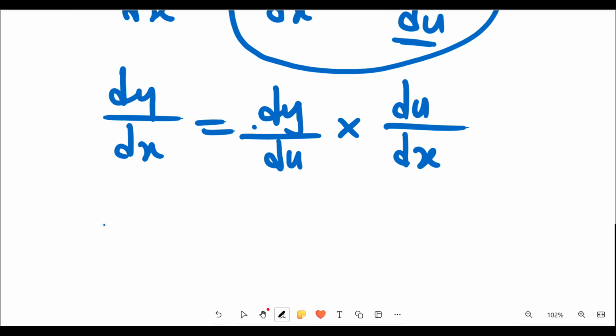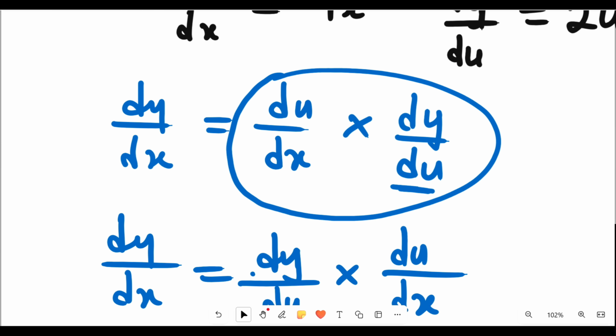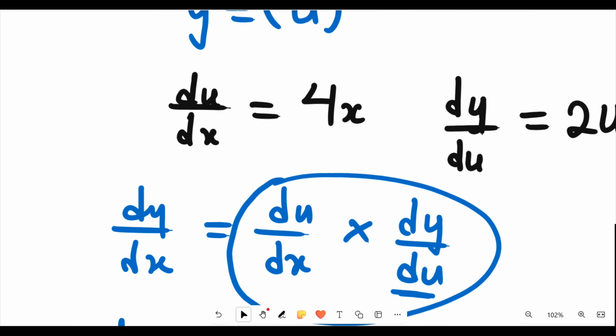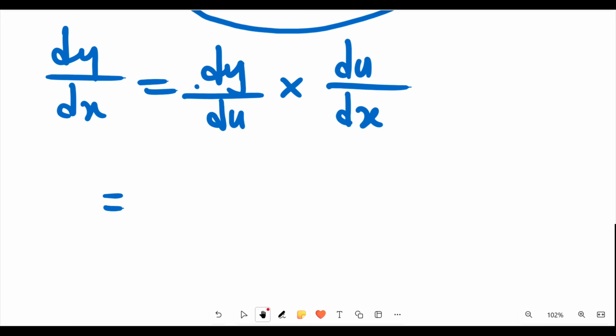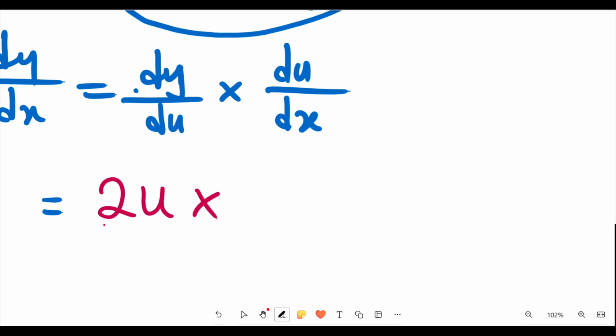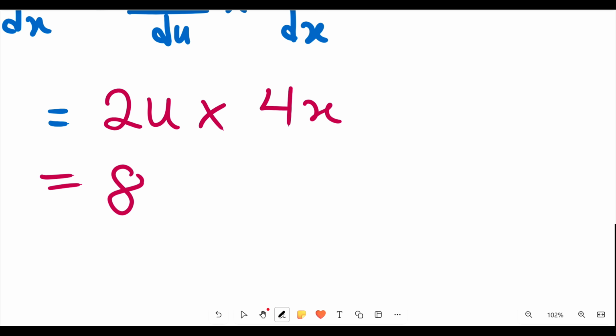So we are going to replace them with their various components. Let us go back and pick the component that we have there. So we have our dy du to be 2u times our du dx to be 4x. So this will give us 8ux.